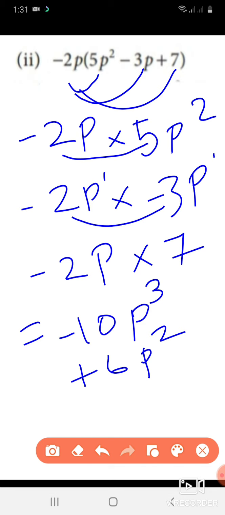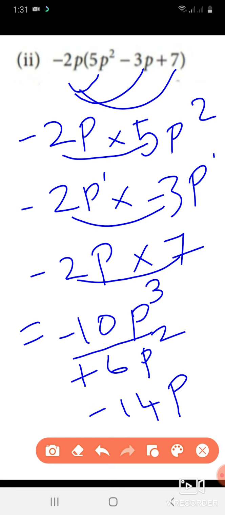And then third term, minus into plus minus, 2 7s are 14, only p we have, that's all. So the answer is minus 10p cube plus 6p square minus 14p. Okay, is it clear?